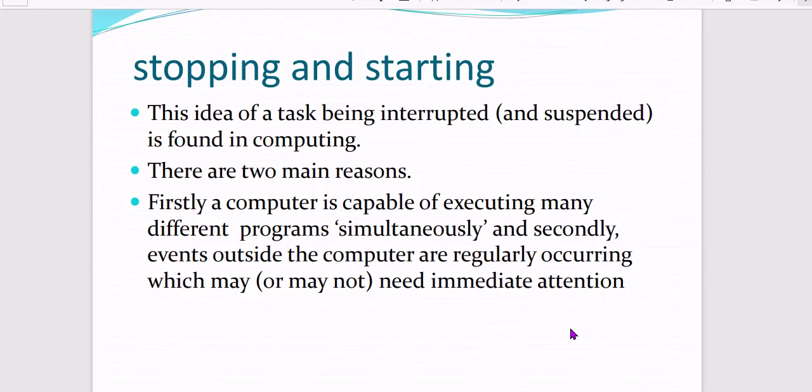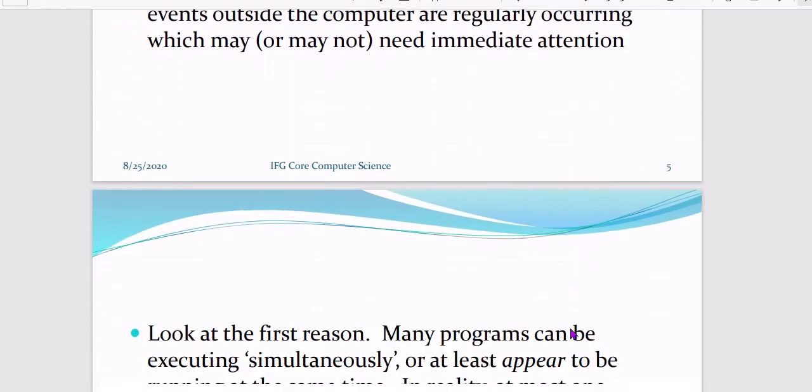A computer is capable of executing many different programs, apparently simultaneously. And secondly, events outside the computer are regularly occurring which may or may not need the computer's immediate attention.